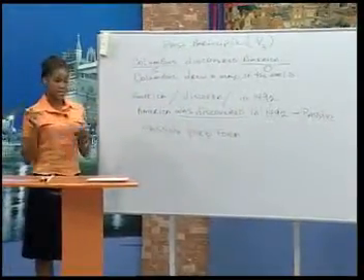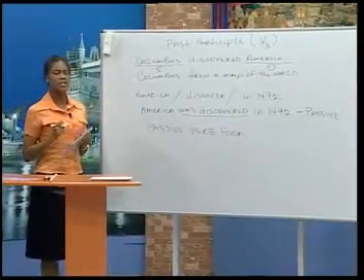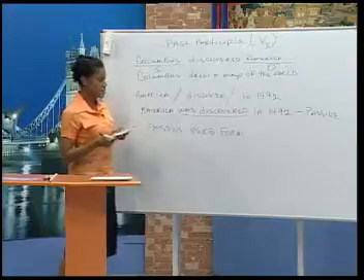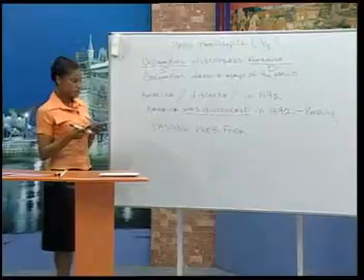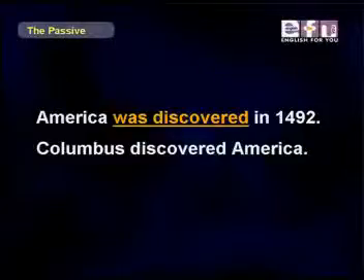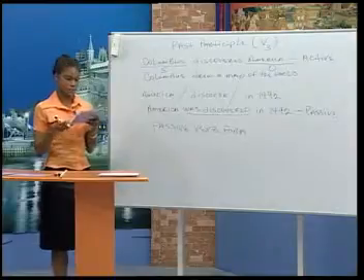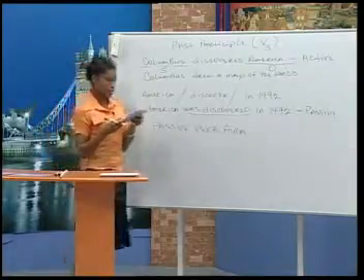Now, let me ask you again. Who did the action of discovering? America or Columbus? Sylvia? Columbus discovered America. Good. So Columbus discovered America. We call this sentence active. Okay, the passive is a new verb form for you, but it is logical.